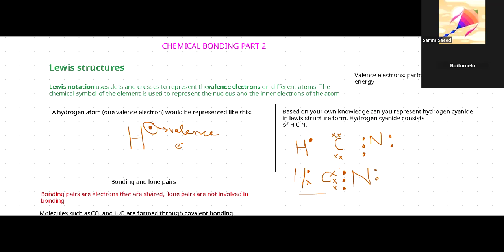The octet rule is that elements in the second energy level should have eight electrons in their outer energy level. But group one, which is hydrogen and helium, have a maximum of two electrons in their energy level, and then they will be satisfied. Okay, so take that in for a minute, what I just said.